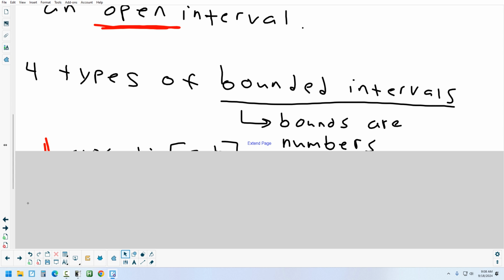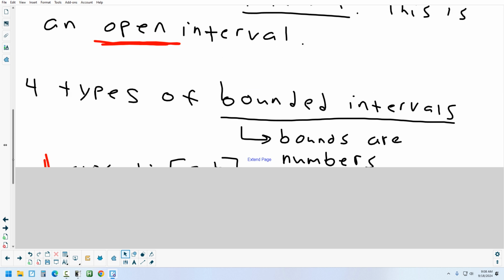But there is another symbol we've used when we write intervals, especially when we talk about domain and range. That's not a number. Yeah. Infinity. Yes. Whenever you have an interval that has an infinity in it, that's not considered bounded anymore. Bounded means you have to start at a number and stop at a number.